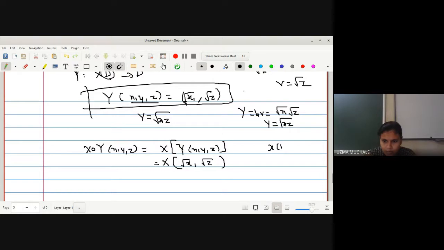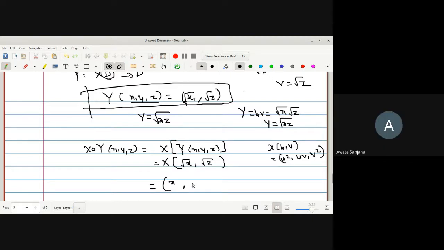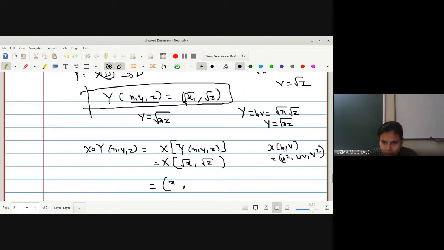So already we know what is x of uv. It is nothing but u square, uv and v square, मतलब first का square हो जाएगा, right. X of first term का square क्या आएगा यहाँ पे, x. X, okay. U into v मतलब दोनों terms का multiplication, root x into root z. What is root x into root z is nothing but your y. Can I write directly y?